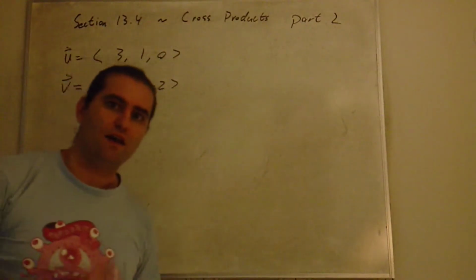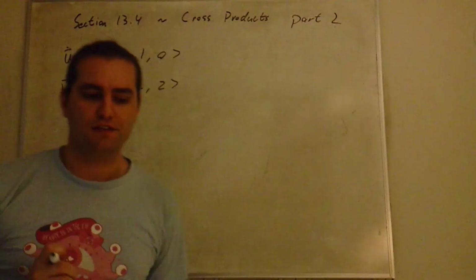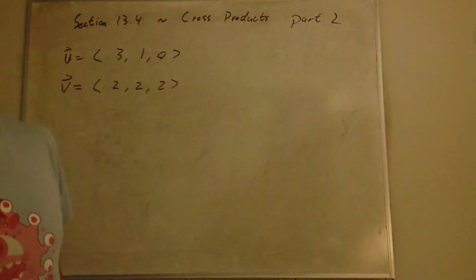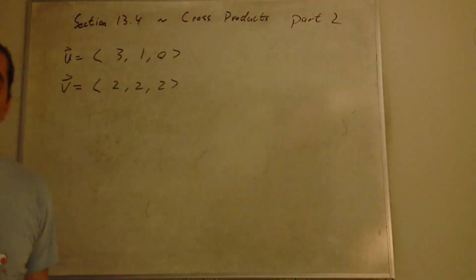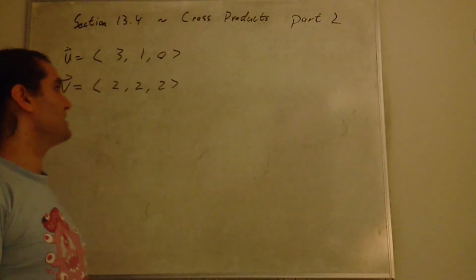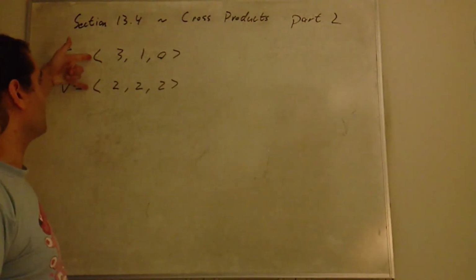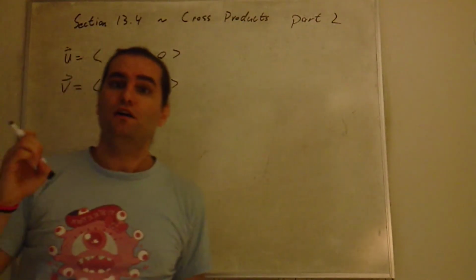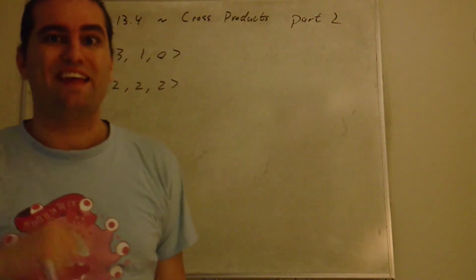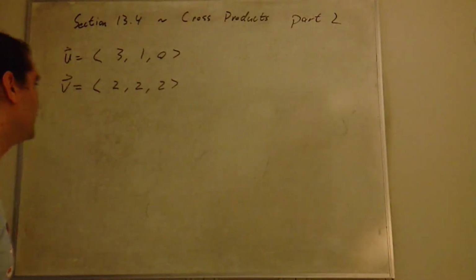We're going to add one extra little layer of difficulty to this. Instead of just wanting the cross product this time, what I want right now is the area of the parallelogram formed by these two vectors. So we're going to get the cross product, and then we're going to find its magnitude.